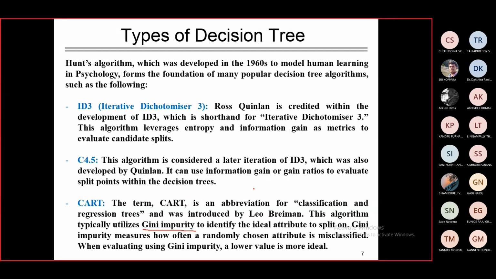Gini impurity measures how often a randomly chosen element is misclassified. Okay. So this is the measure done by Gini impurity. So apart from entropy and information gain ratios, we can also use Gini impurity to identify the ideal attribute to split on. That means among a set of attributes, which attribute will be found to be ideal, on which we can base the decision. Okay.